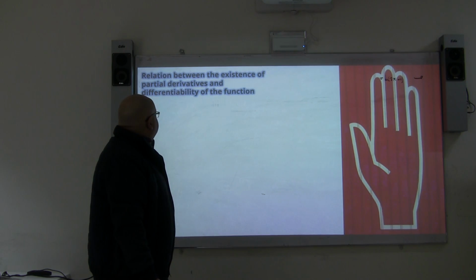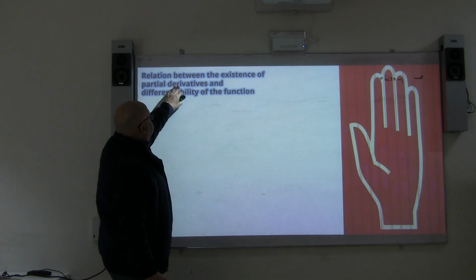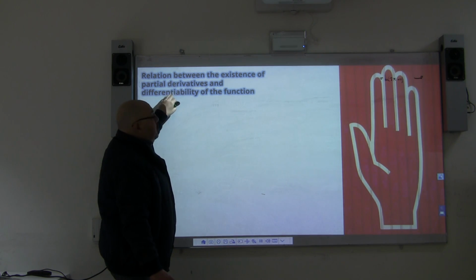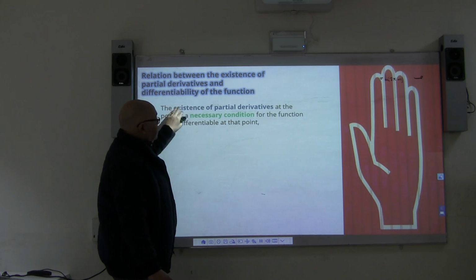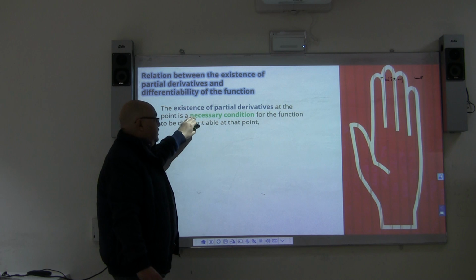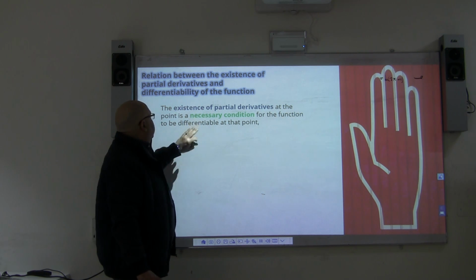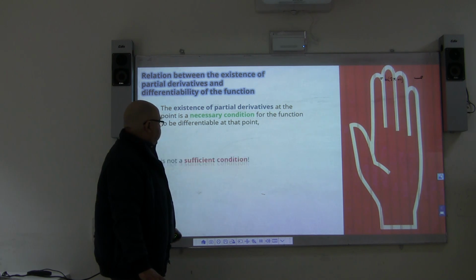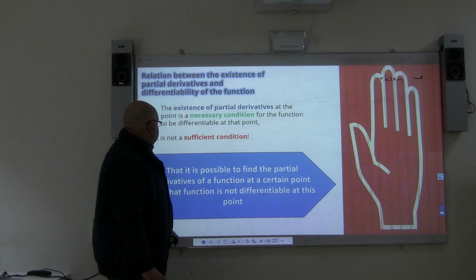I want you to stop for a second at the relation between the existence of partial derivatives and the differentiability of the function. Okay? So once more, the existence of partial derivatives at the point is a necessary condition, not a sufficient condition, for the function to be differentiable at that point.